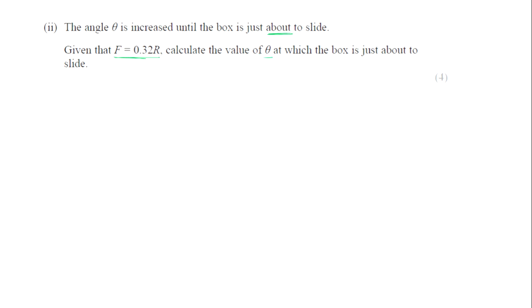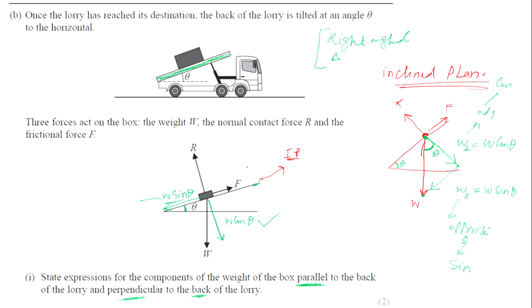Now, if you go back and see the diagram, we have four forces acting. Remember, whenever you resolve a vector into components, the vector itself is gone because you have resolved it. So this W does not exist. In place of this W, now you have its components, W cos theta and W sin theta.